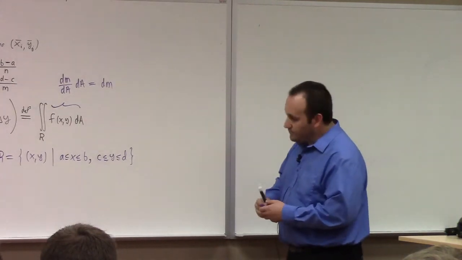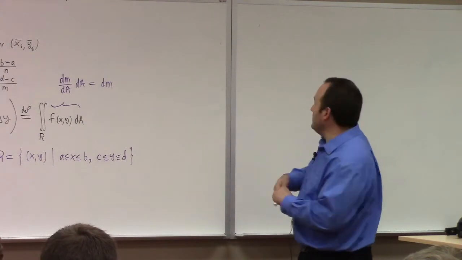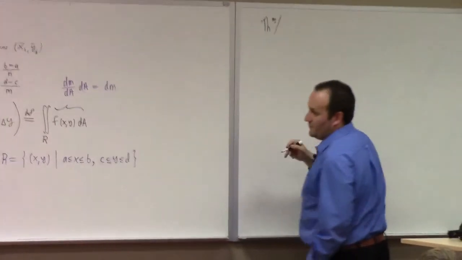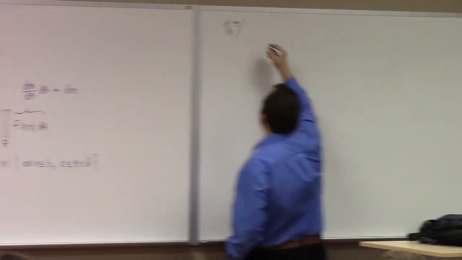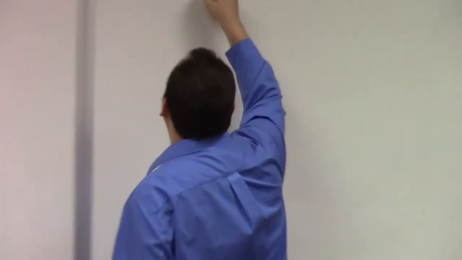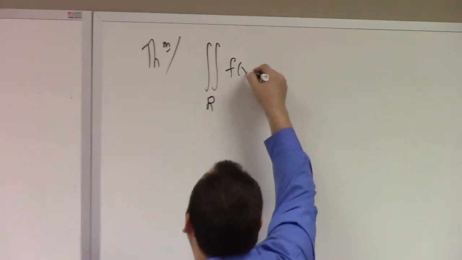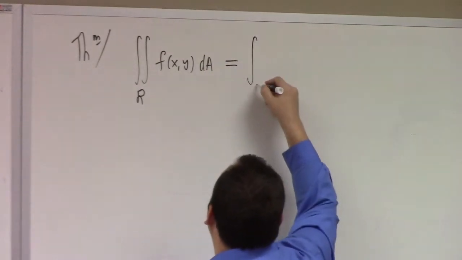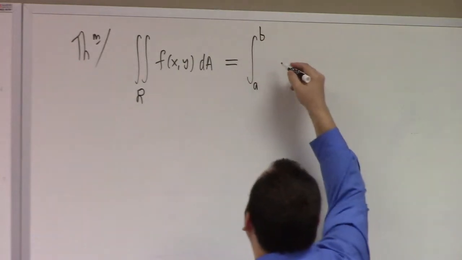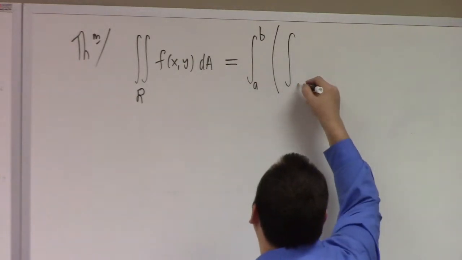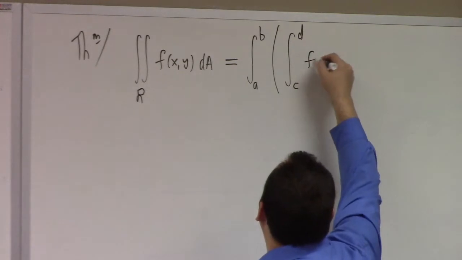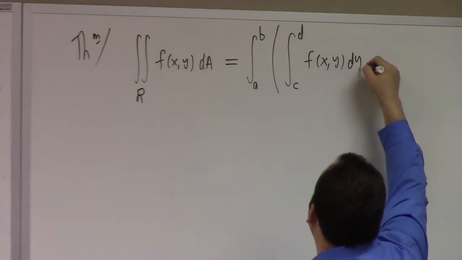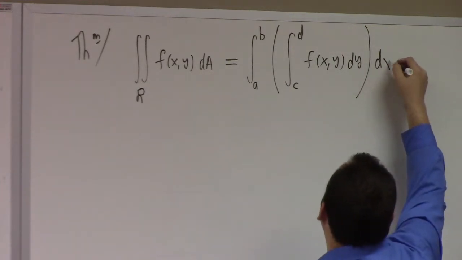So there's a theorem that I will tell you now, because I think it's time. This is not a theorem I prove, it's just a theorem I state. It states the following: if I want to integrate over the rectangle R, f of x, y dA, then that is equal to the integral from a to b, parentheses, the integral from c to d, f of x, y dy, parentheses, dx.